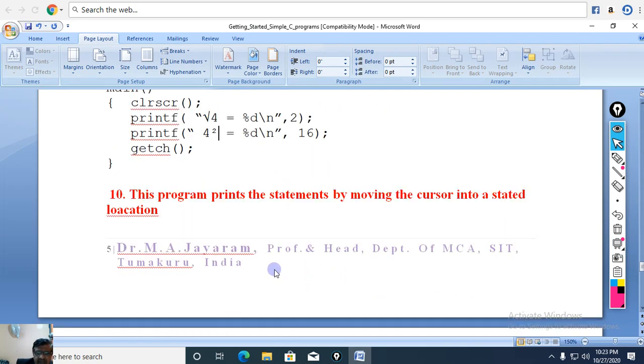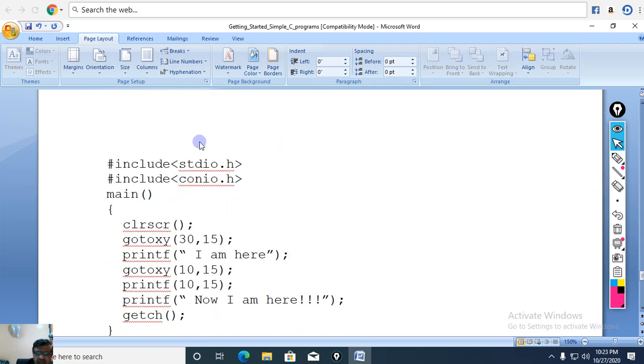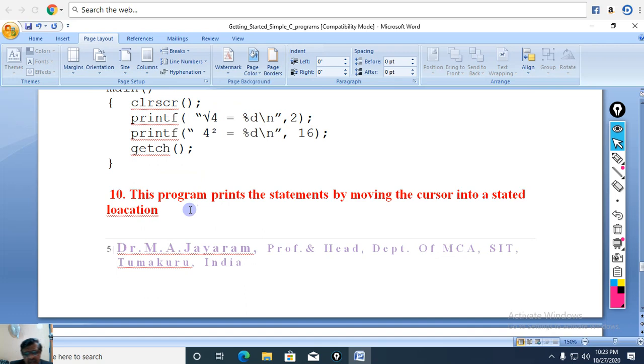This program prints the statements by moving the cursor into a stated location. In order to make the cursor move as per our will and wish, when the program is under execution, the cursor should be moved to a particular location. Otherwise, by default, we have to put slash n.